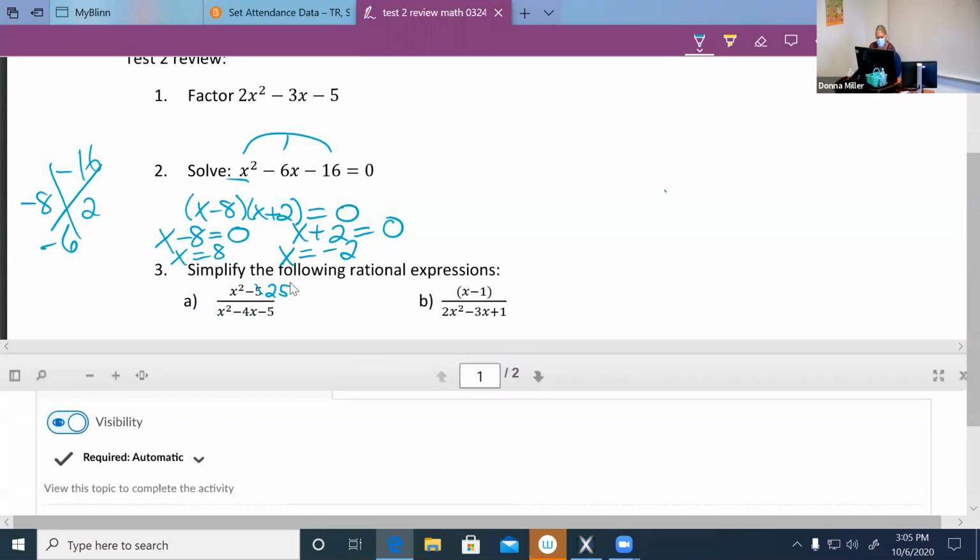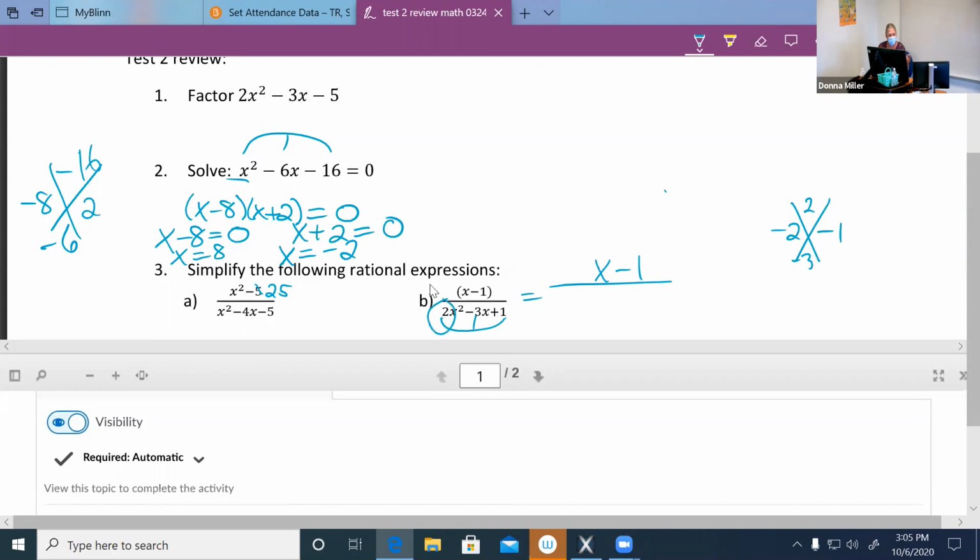All right, so let's do B. The top, there's nothing I can do with that. I have to factor the bottom. So I need factors of 2 that add to -3. So what are they? -2 and -1. Good. So with this type of factoring, remember you're going to copy the 2. So I'm going to copy the 2 to the front, and then write down the factors, -2, -1, right?